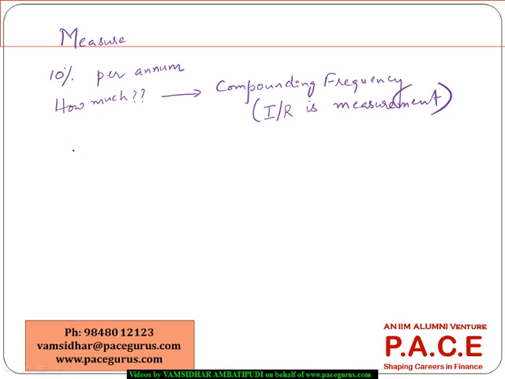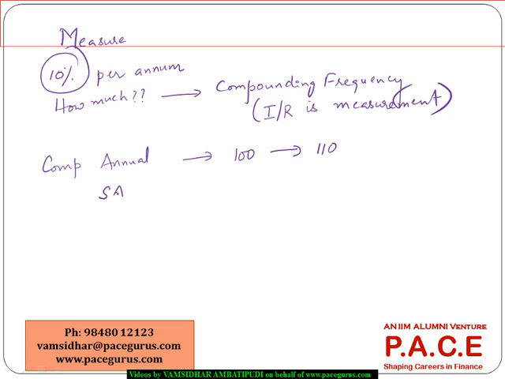So if it is 10% per annum compounded annually, then if you have deposited 100 now, at the end of 1 year you are going to get 110.